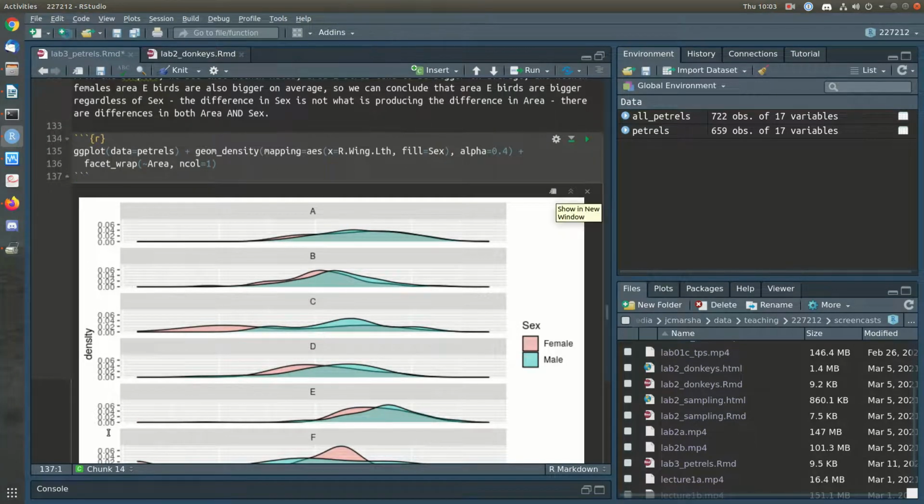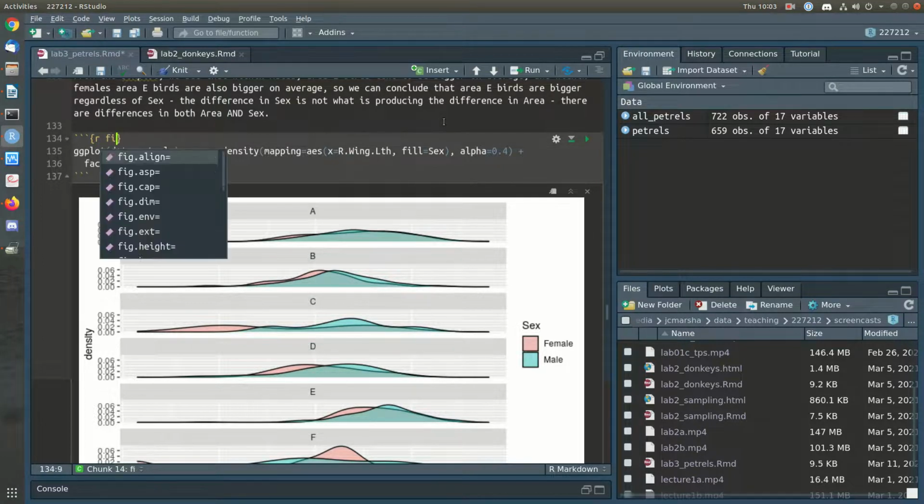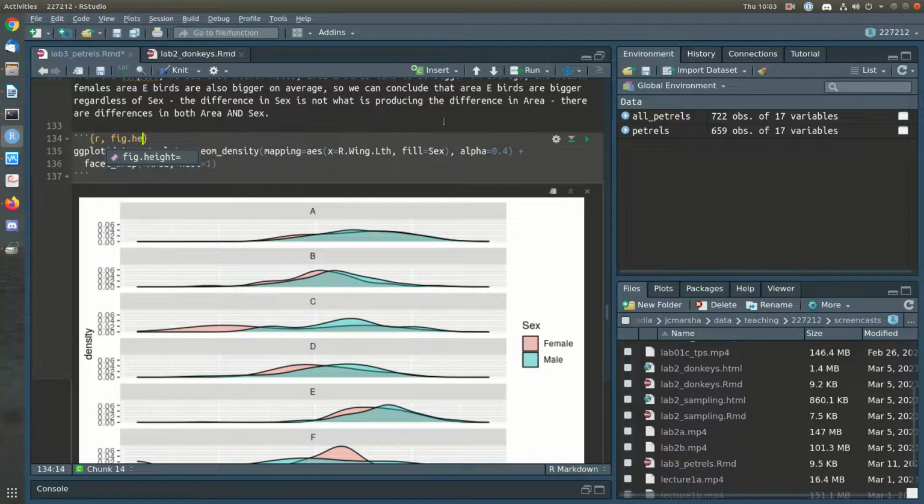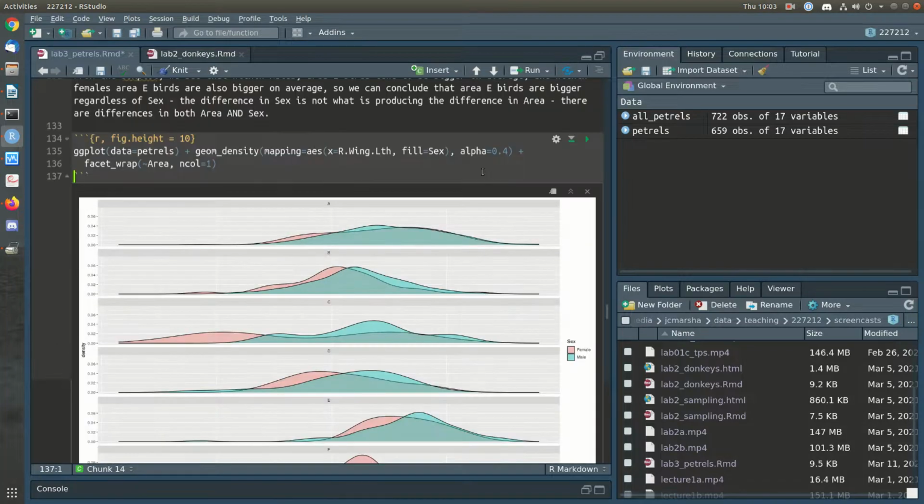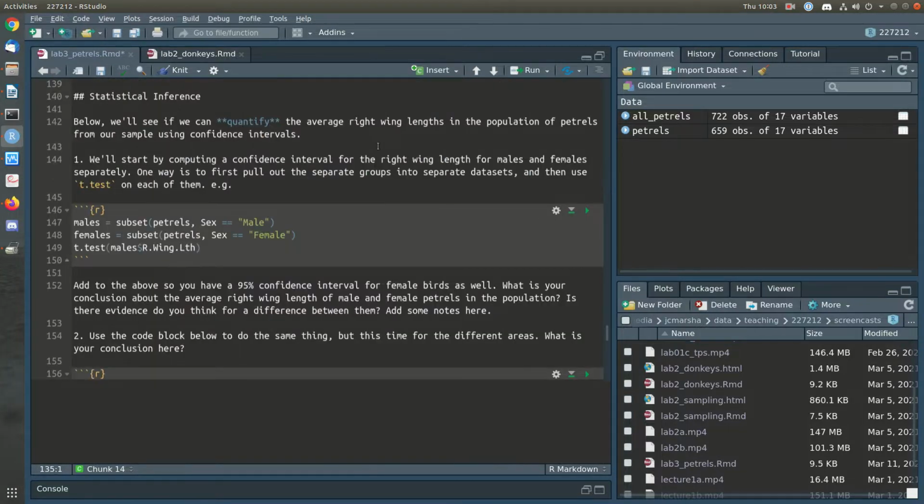We can of course change the dimensions of the plot. I might as well show you that as well. So we can go fig dot height equals 10. I think these are in inches or some crazy measure. I think it's in fig dot width equals 6 maybe. Can I force it to be?